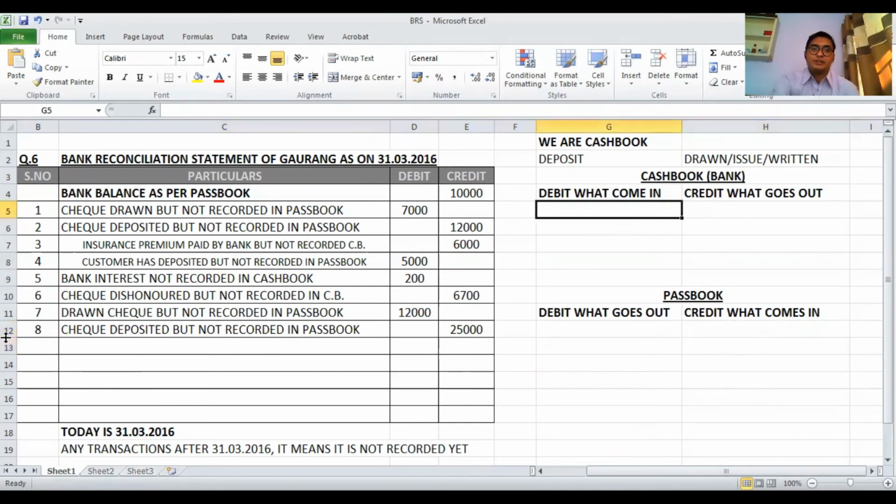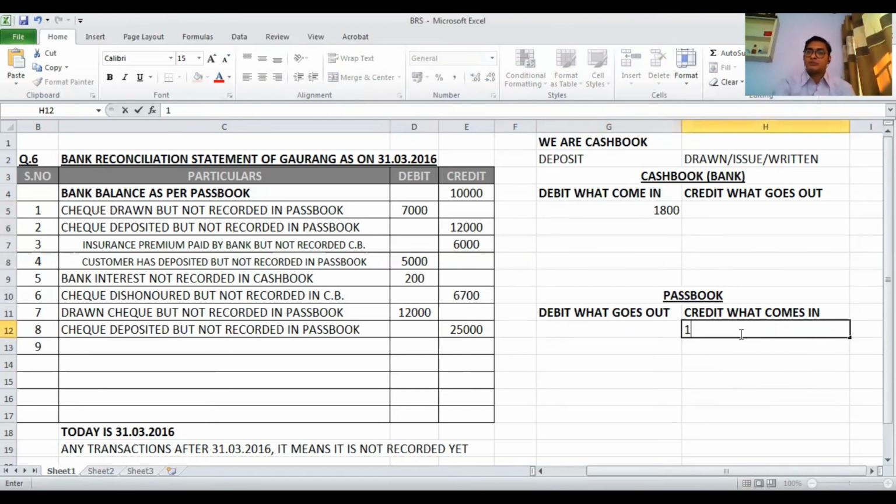Then point number 9: a check of 1800 was deposited with the bank. Bank has deposited, so debit side of cash book and credit side of passbook. Now, which is not recorded in cash book. They clearly provided that it is not recorded in cash book.